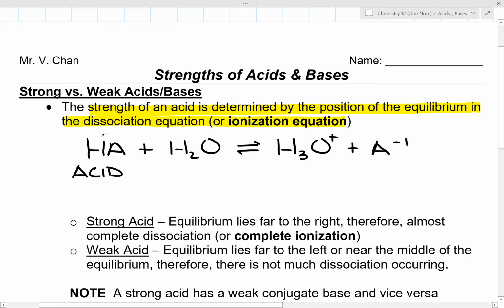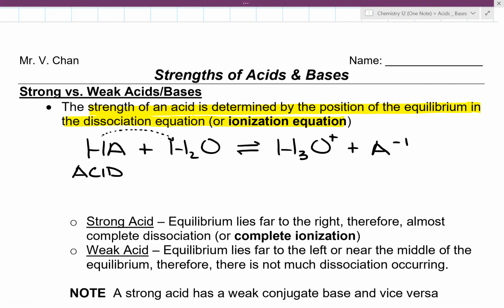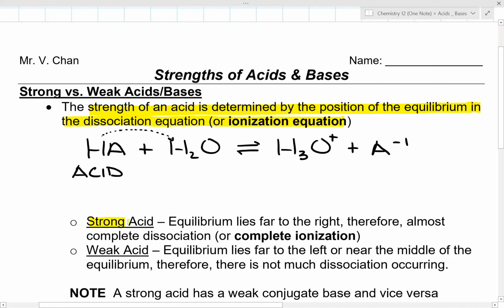So what you have is the H+ donating the proton to water. Now, when we say it's a strong acid, what we can say is that the equilibrium lies far to the right, or you get lots of product. So it is either complete dissociation or complete ionization.